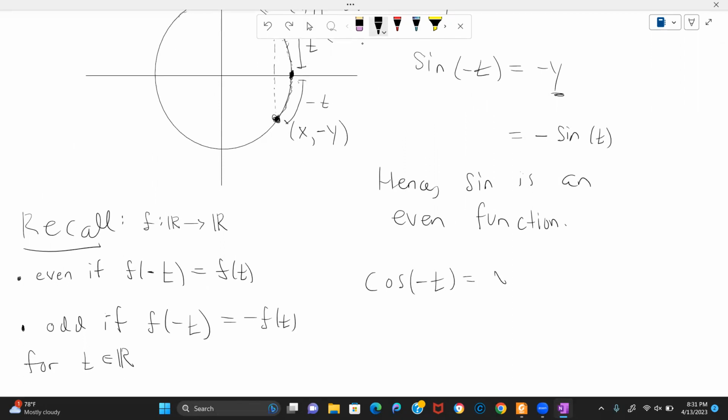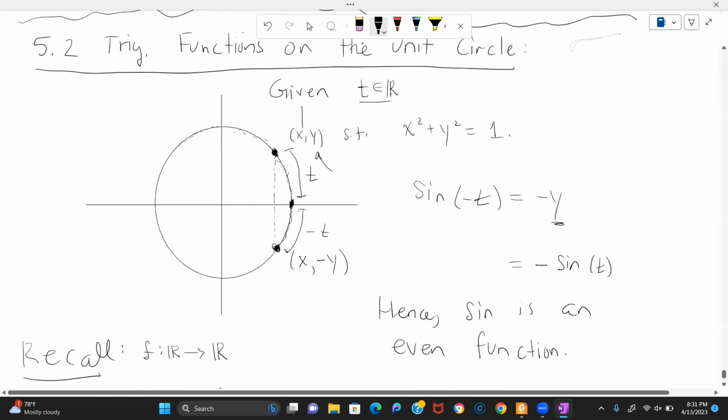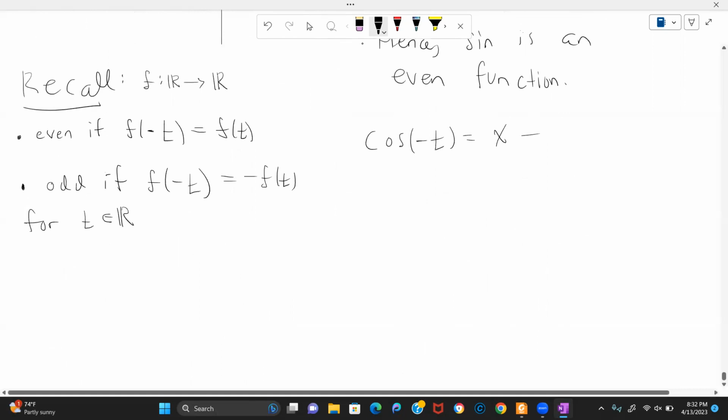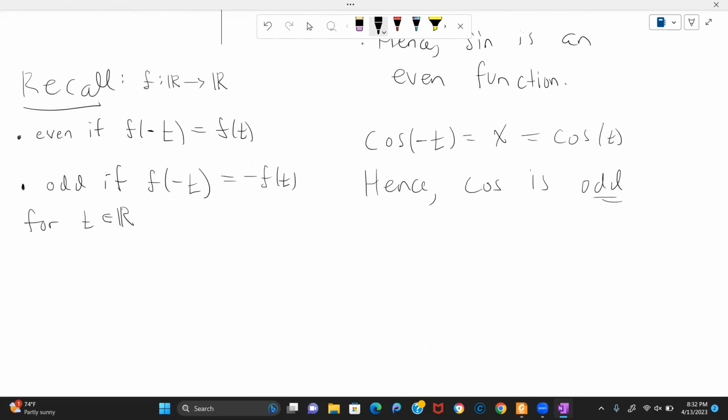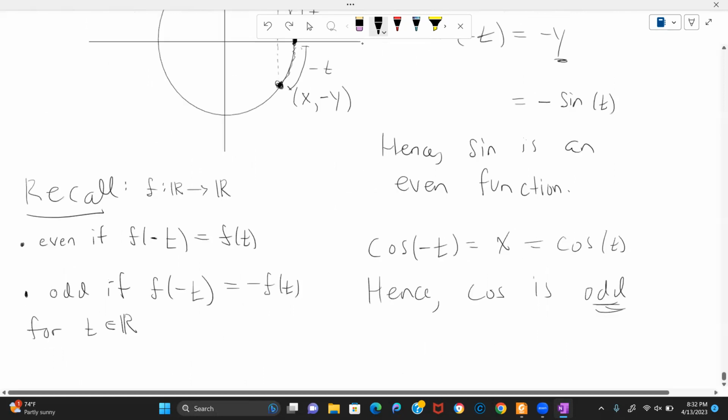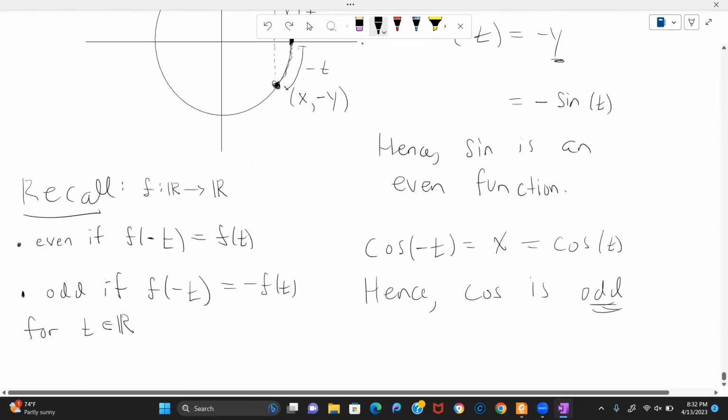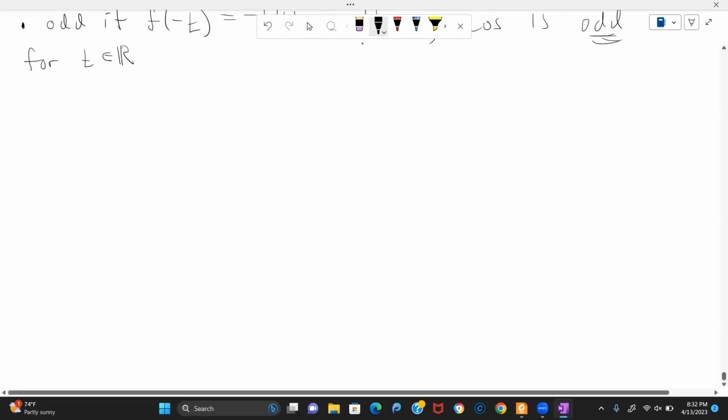So it's just x, but that's the same x here, and that's cosine of t. So cosine of negative t is equal to cosine of t. So this shows hence cosine is odd, because it satisfies the second property right here. So sine is even, cosine's odd.